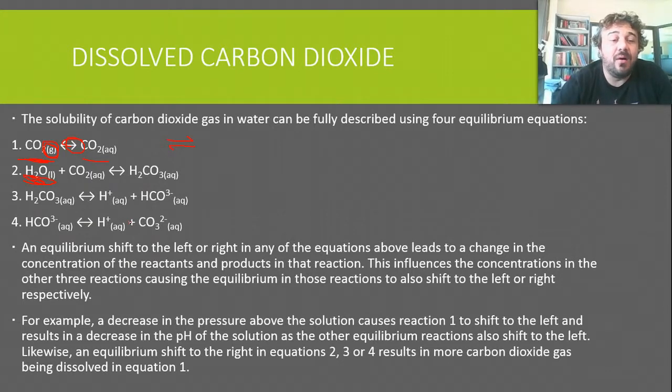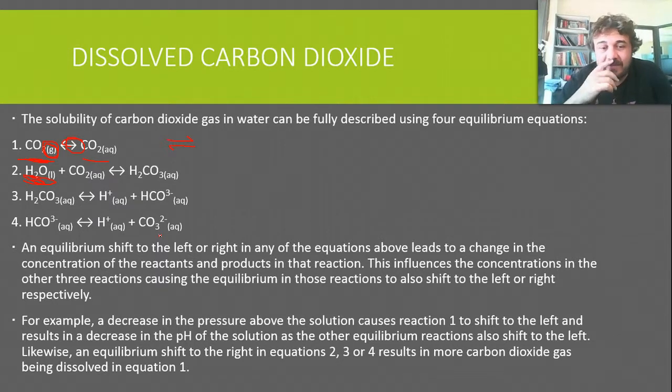Basically, what this means is that can happen at any stage. Okay, so a decrease in the pressure above causes a shift to the left. This results in a decrease in the pH. So everything else shifts to the left as well.